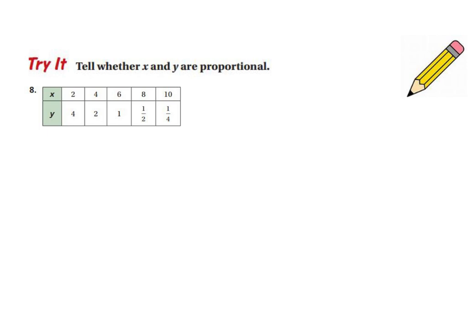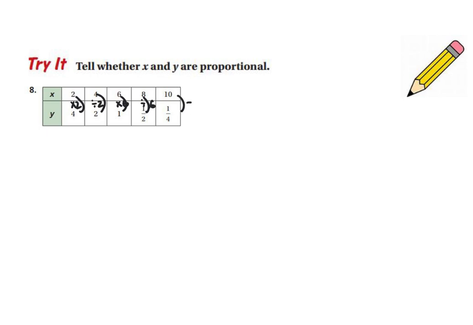Here we go, let's try another one. Tell whether x and y are proportional here. So let's look to that invariant relationship. 2 times 2 is 4. 4 divided by 2 is 2. 6 divided by 6 is 1. 8 divided by 16 is a half.